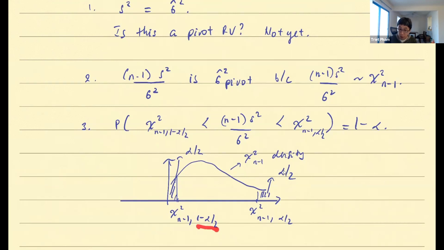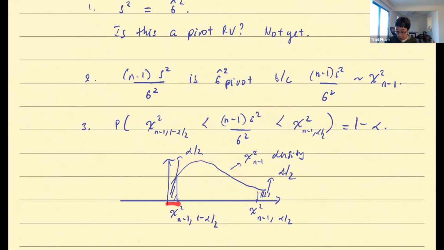You know why I call this 1 minus alpha over 2, right? Because by our convention, the quantiles always refer to the right tail quantile, okay? I don't know why, that's just the way it is. So therefore, by this, I mean the area to the right is 1 minus alpha over 2, which means the area to the left is alpha over 2. There's no negative stuff going on like the normal, because the chi-square density is not symmetric.